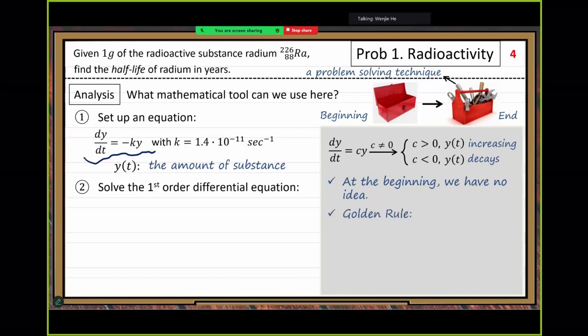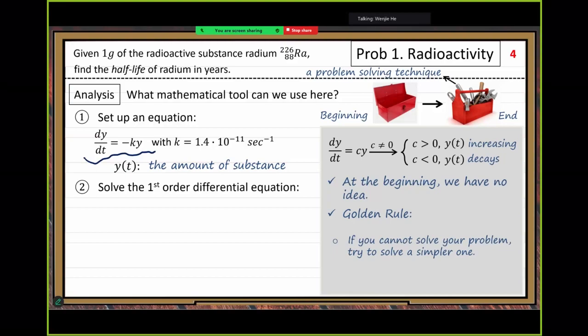What's that? Based on our textbook, it is called the Golden Rule of problem solving. From the name, it's very important, right? What's that golden rule? Very simple. If you cannot solve your problem, try to solve a simpler one. That's the golden rule.